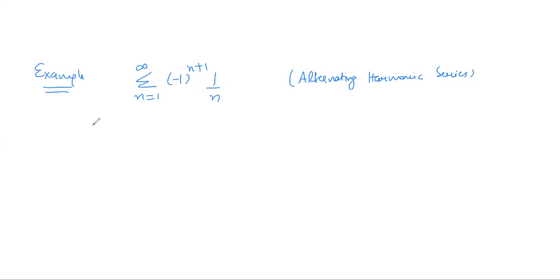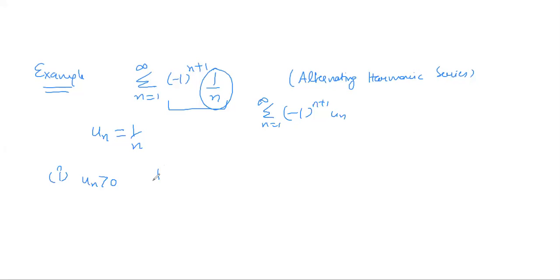So let's apply the test. To apply the test, you need to identify un. So un is 1/n, as you can see this is of the form (-1)^(n+1) un. So what are your three conditions? First condition is un should be positive. So 1/n should be positive. So satisfied.